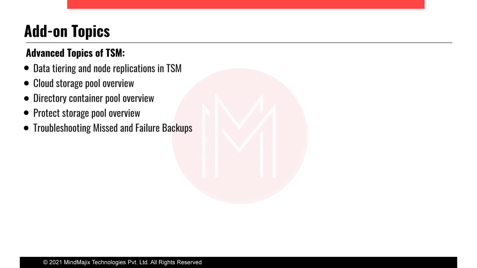Directory container storage pools have inline deduplication and compression, which gives almost 50% higher efficiency than traditional device class based storage pools. I will show you how to configure them.